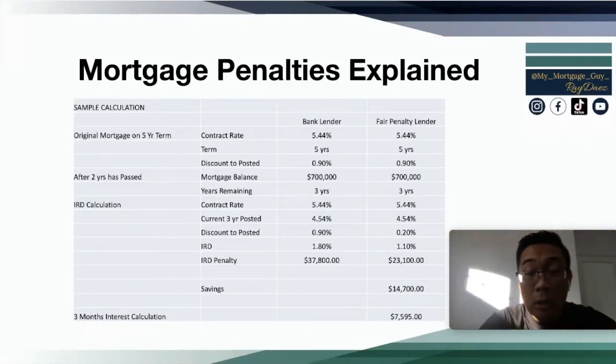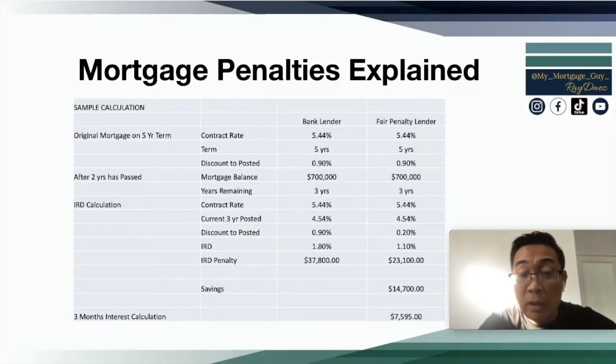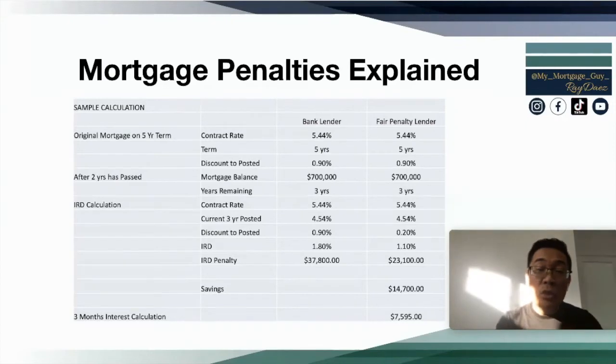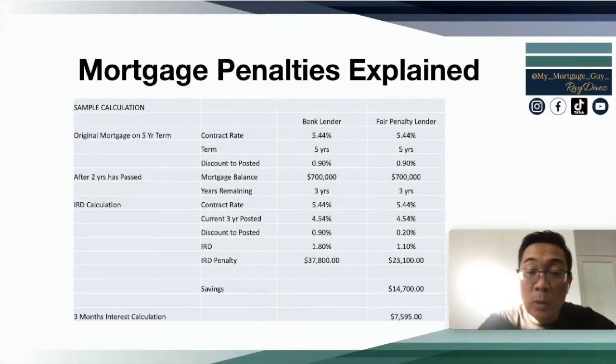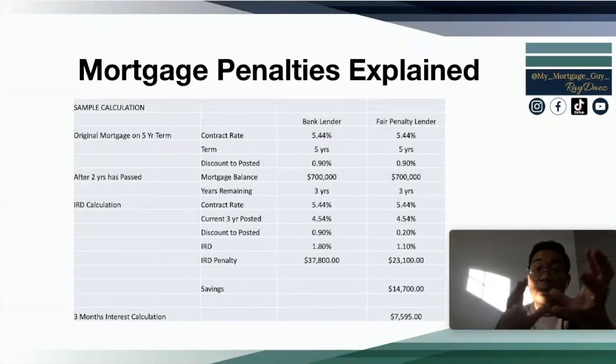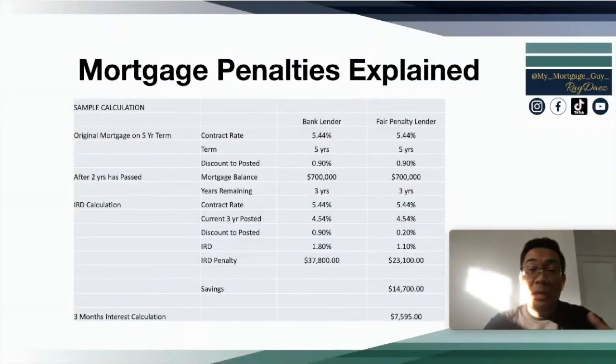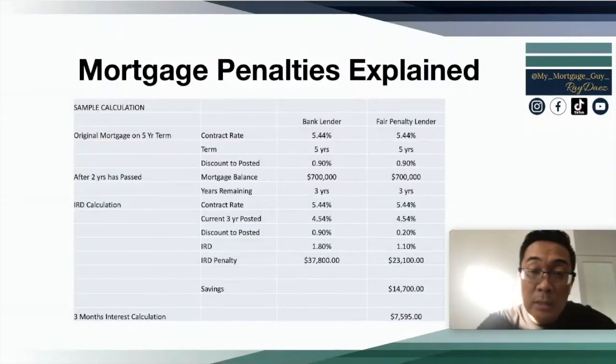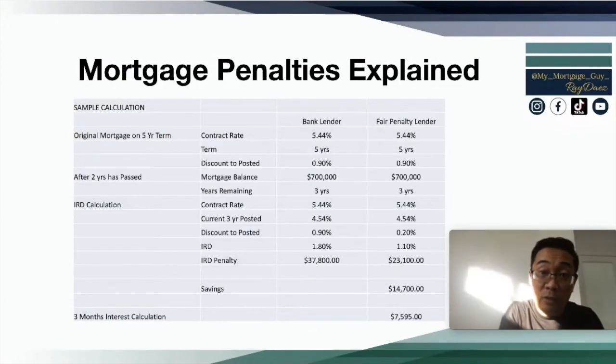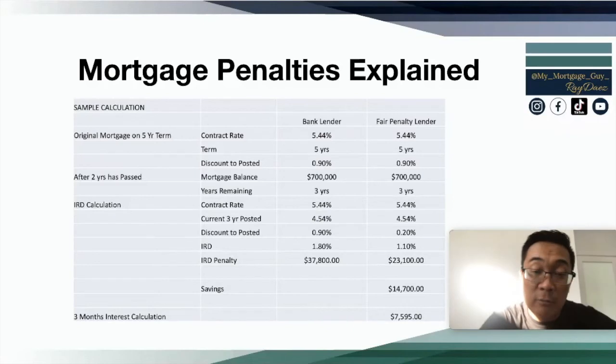So our contract rate is effectively 5.44. Let's assume that 2 years from now, the 3-year posted rate is 4.54%. That would be the same for a bank lender and also the same for a fair penalty lender. So what I did was I discounted 1.25% from today's 3-year posted, projecting that for 2 years from now.